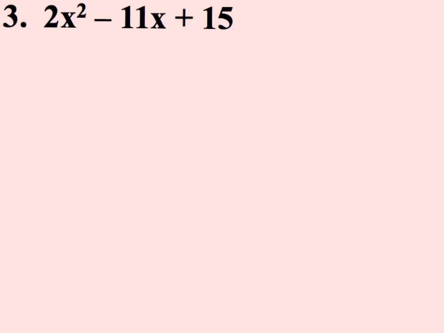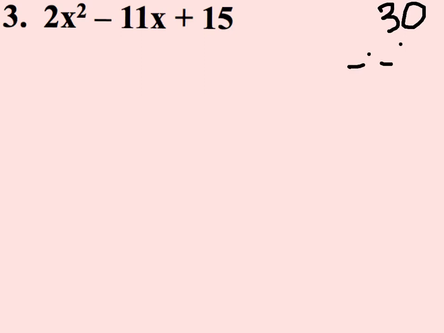Okay, here's another example of factoring ax squared plus bx plus c. I've got 2x squared minus 11x plus 15. I'm going to start the same way I started in my first problem and multiply a times c. When I do that, I get 30 again. So I need to think of the factors of 30.